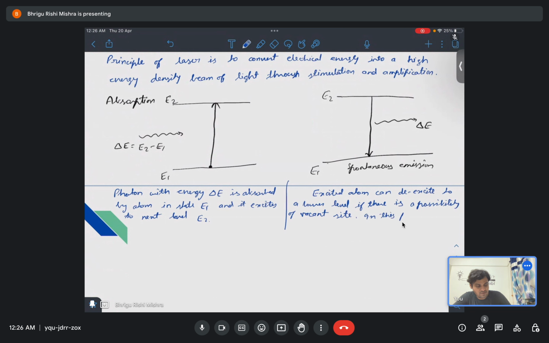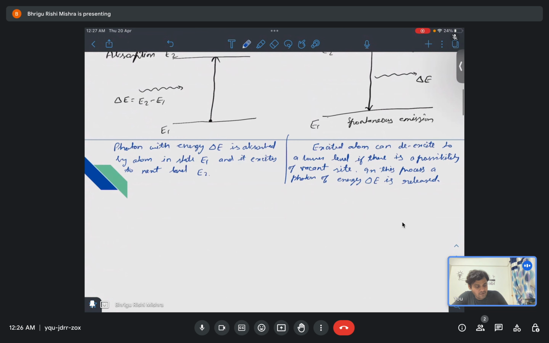In this process, a photon of energy delta E is released.